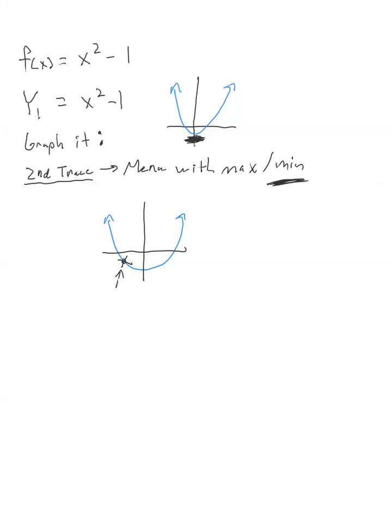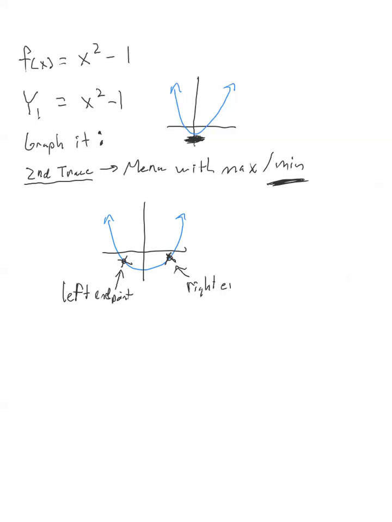So you're going to choose a left endpoint, and then it is going to pull up another arrow, and you hit the right button to move it over and select a right endpoint.